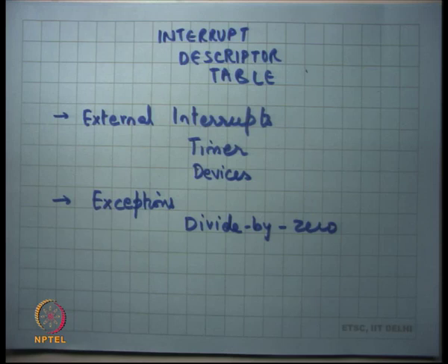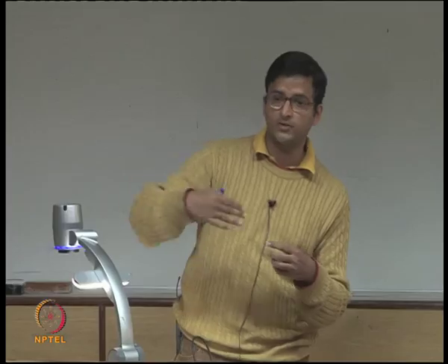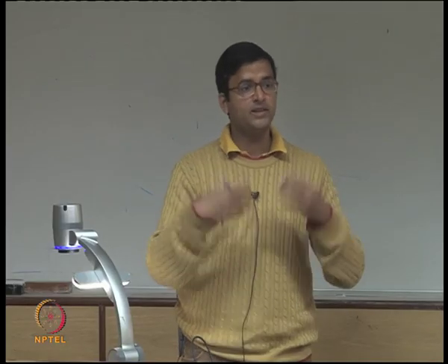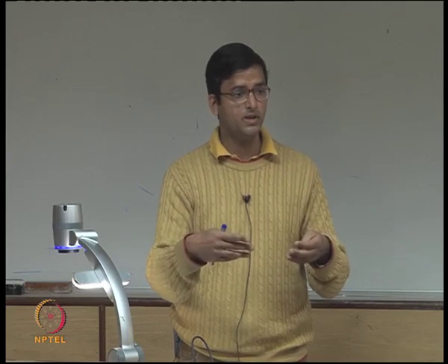The processor doesn't know what to do because the division by 0 is undefined. So it's going to raise what's called an exception. Raising an exception is internal to the CPU, as opposed to the previous example where we saw that an external device is actually asserting the interrupt pin. Raising of an exception is internal to the CPU, right?